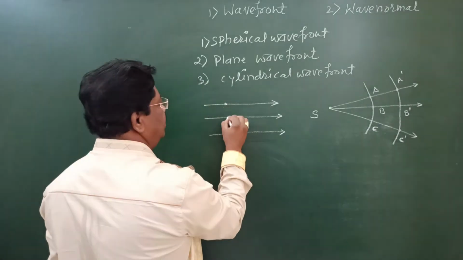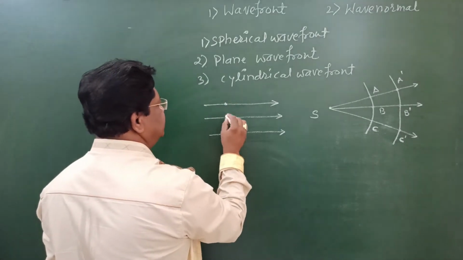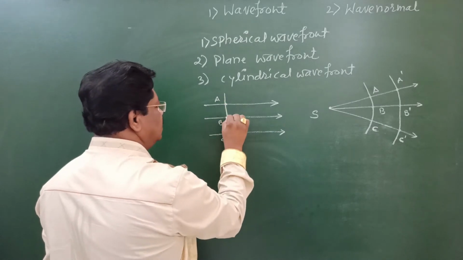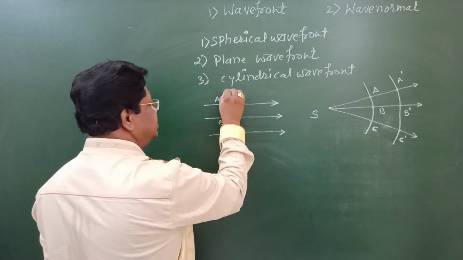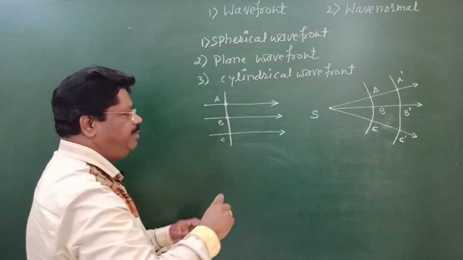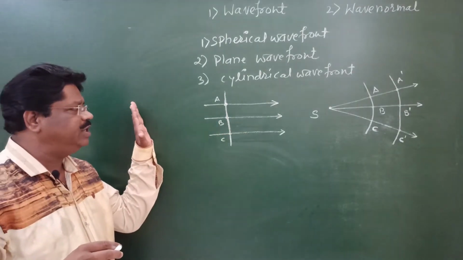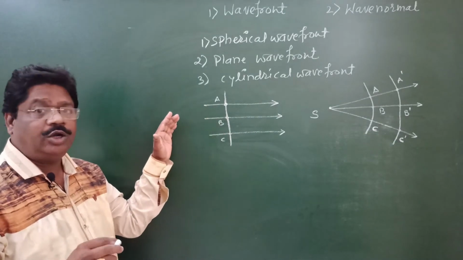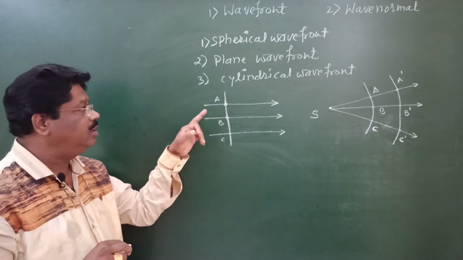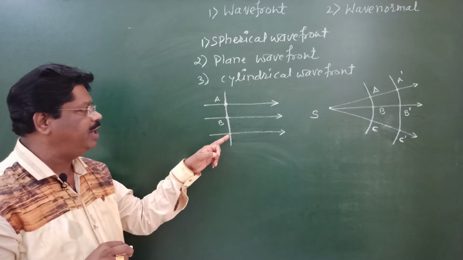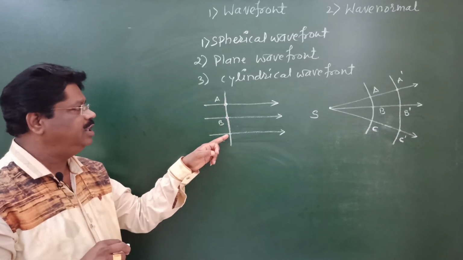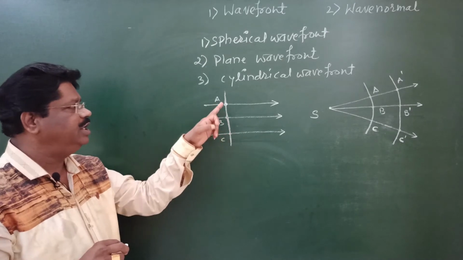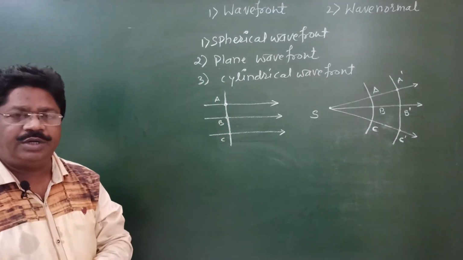This is point A, point B, and point C. The line joining these 3 points, these light waves coming from left to right, is part of the spherical wavefront. Point A, point B, and point C are in the same phase. Therefore, the line joining point A, point B, and point C is called the plane wavefront.